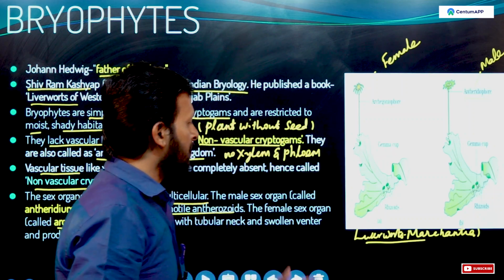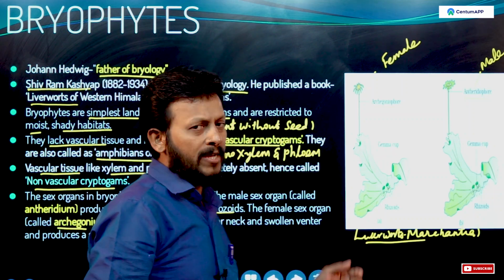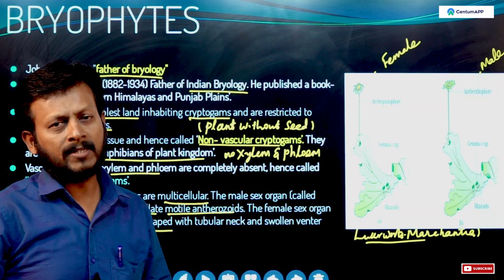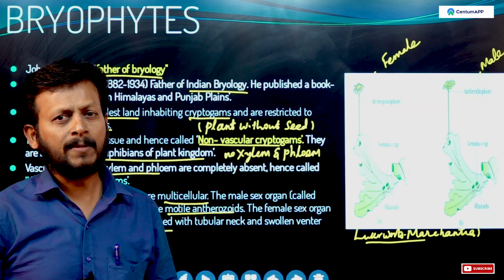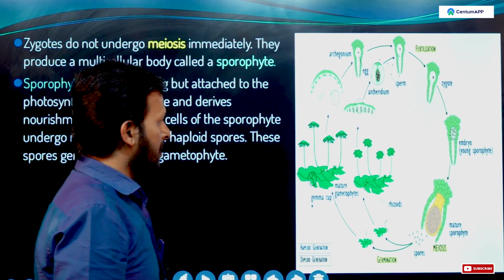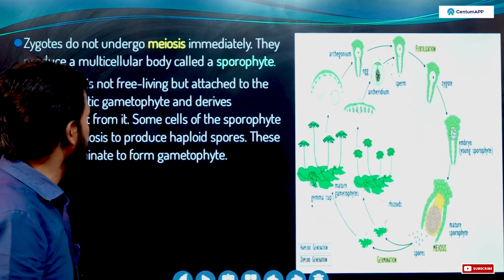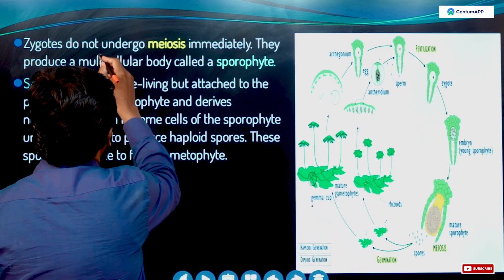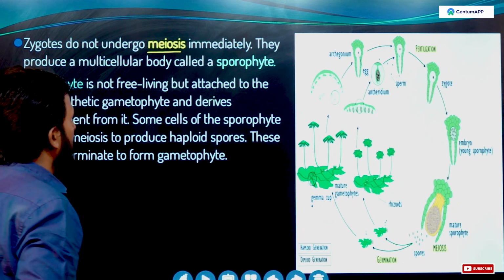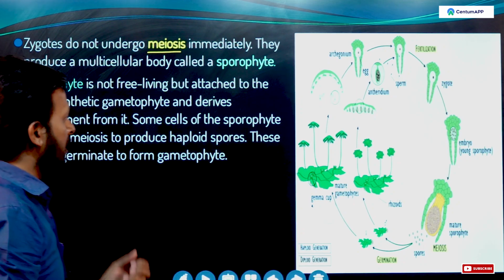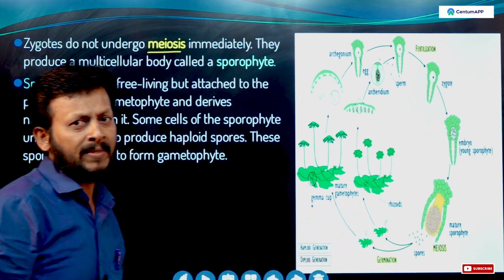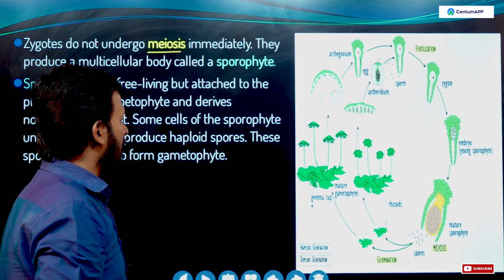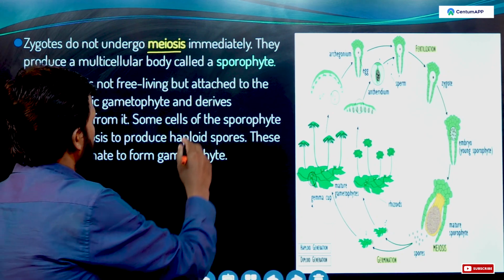These plants are present in soil and depend on water for sexual reproduction. During this process, meiosis does not occur immediately, because the embryo gets nourishment from photosynthesis, and after that the sporophyte forms.